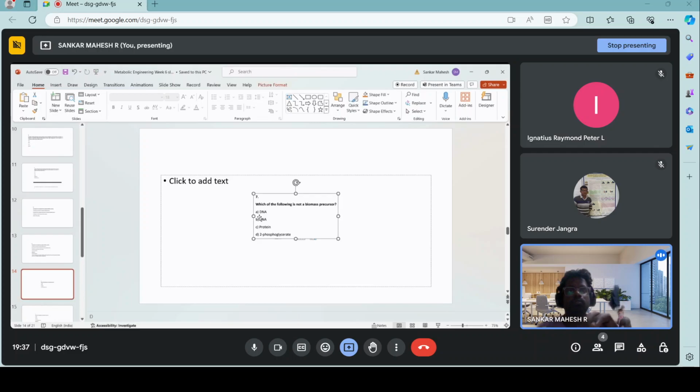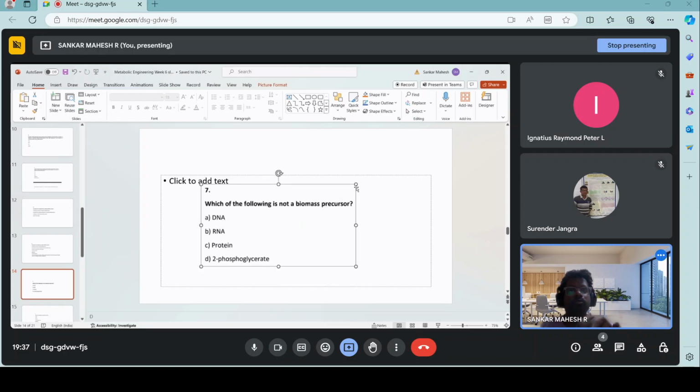The next question is, which of the following is not a biomass precursor? Option A, DNA, option B, RNA, option C, protein, option D, 2-phosphoglycerate.